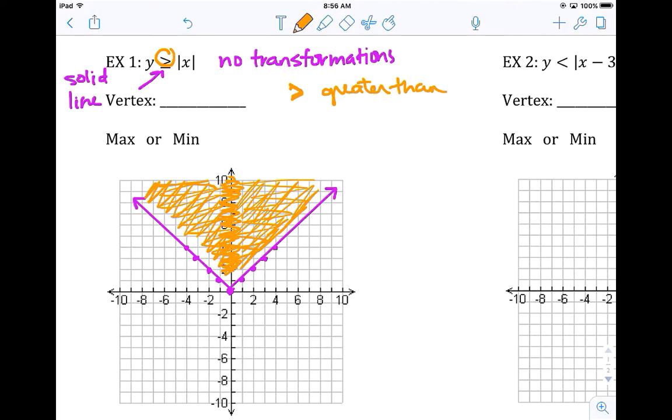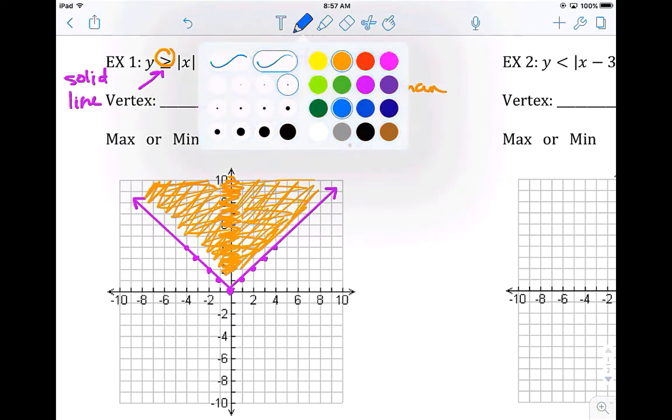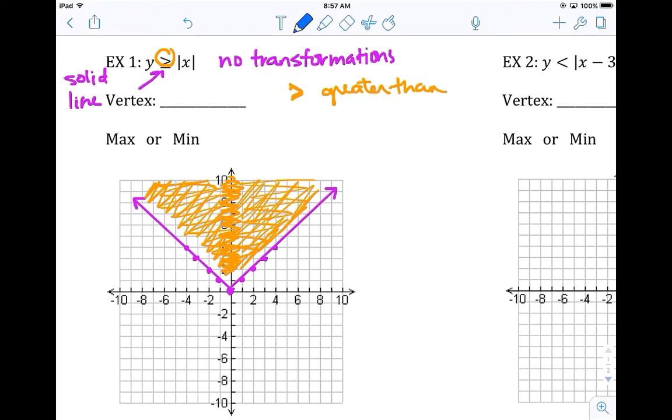We can also double check this by picking an ordered pair that is sitting anywhere on the graph. It doesn't matter where it is. So for example, let's say I chose the point 4, 0 as my test point. I want to see if this point is going to be in my shaded region.